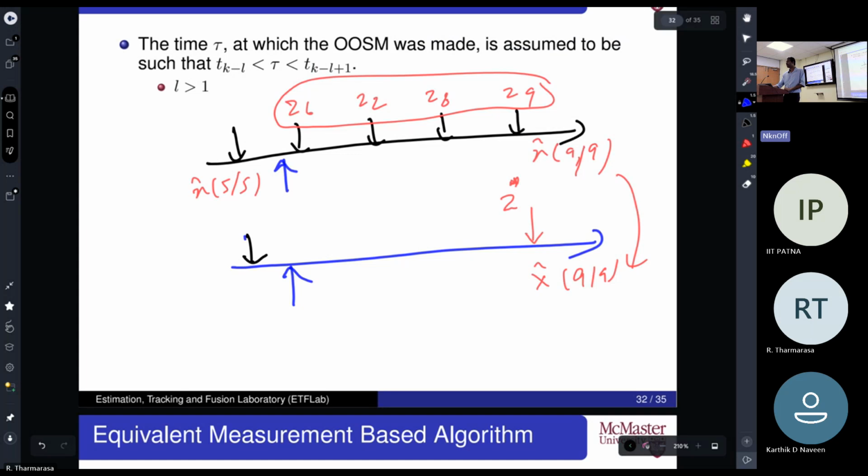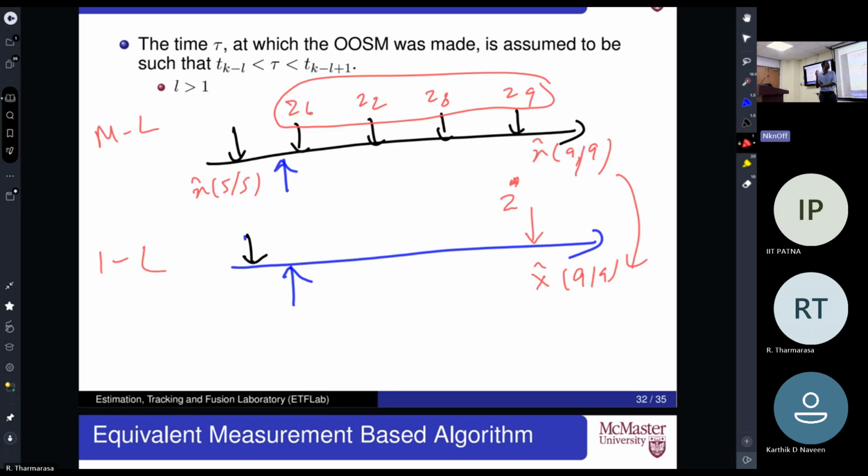Now what you see is that this was a multi-lag problem. Now this is a one-lag problem. You understand that? So we converted the multi-lag problem into a one-lag problem by changing the problem itself. Then we use the same equation that we use for one lag.